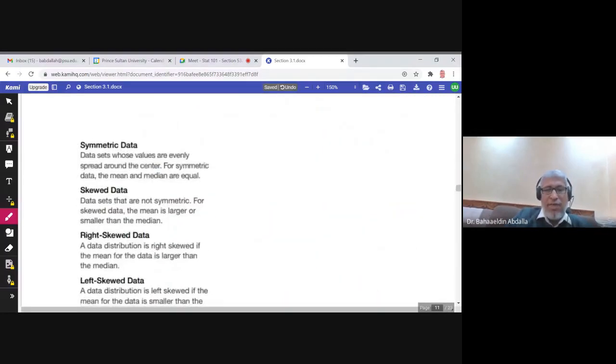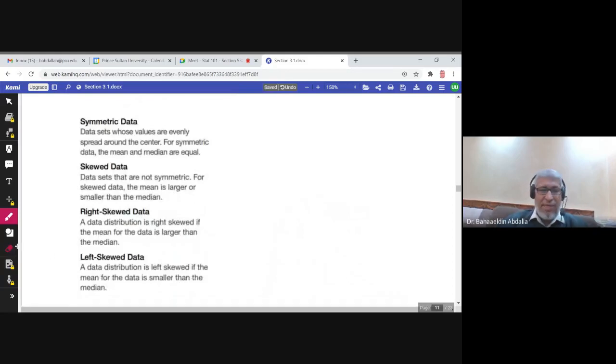Okay, so symmetric data values. Here the values are evenly spread around the center. So half of them to the right, half of them to the left. For symmetric data, the mean and the median are equal. For skewed data, these data sets are not symmetric. For skewed data, the mean is larger or smaller than the median.